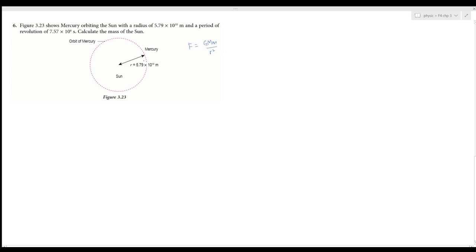Okay, now we know the distance between Mercury and the Sun, but we don't know the mass of the Sun and the mass of Mercury. But this gravitational force will be equal to the centripetal force. So they are equal.